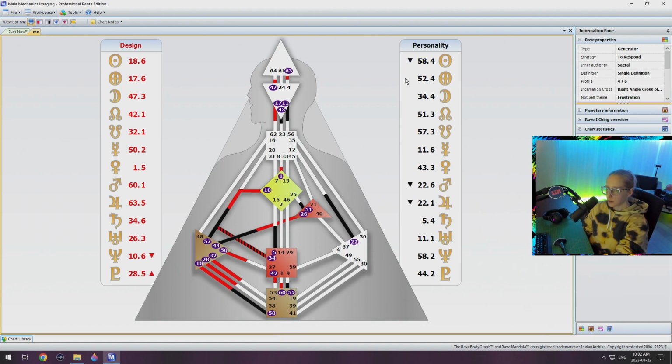Now over here on the right-hand side, you will see the name personality. And this is a list of characteristics, once again, that describes who you are. And because they're on the personality side, you're more aware of them. So because you're more aware of them, you might try to force these aspects of who you are in life because you're more conscious of them.